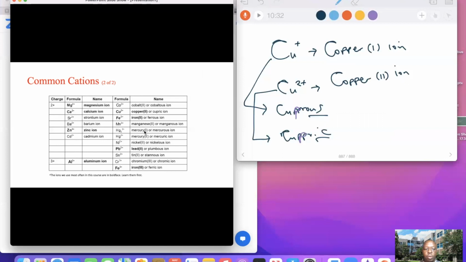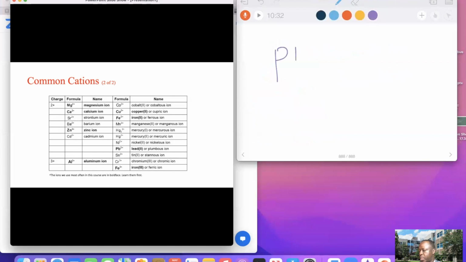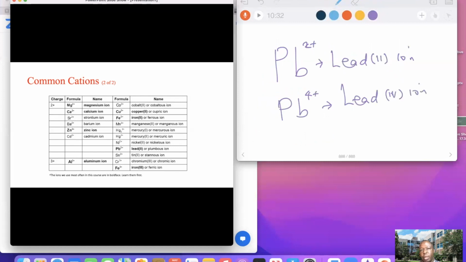There is positive 2, mercury(I), mercury(II), nickel(II), there is lead(II), and by the way, there are 2, because you're going to see this again, 2 positive lead(II) ion. And this is like that, lead(IV). I meant to say lead(IV) here. This is positive 4, lead(IV) ion.